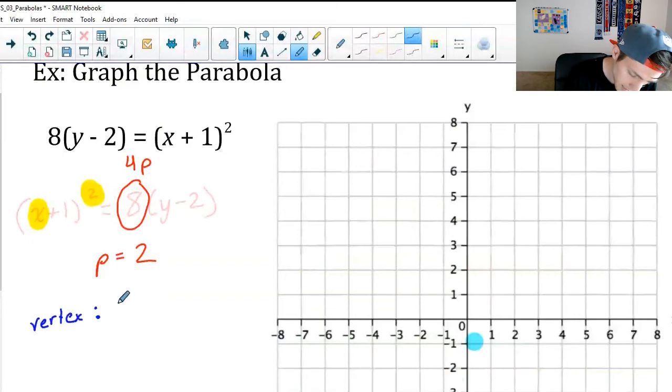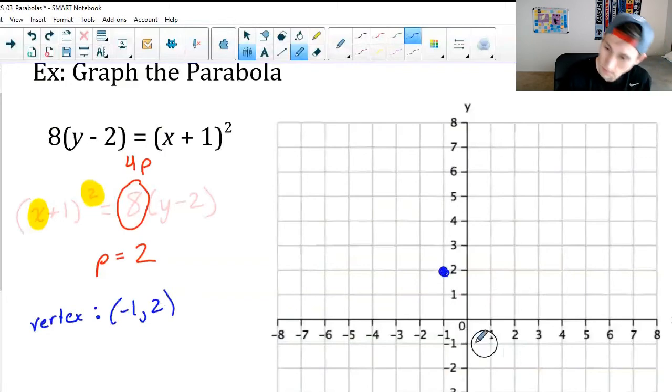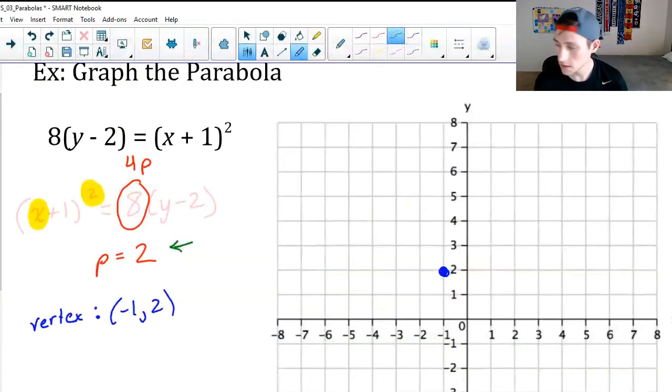Vertex, so that's (h, k), so that would be (-1, 2). Since the value of p is 2, to find the focus, I'm going to go up 2. So (-1, 4).